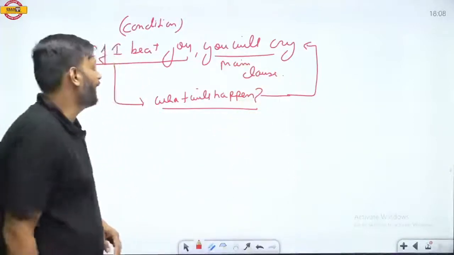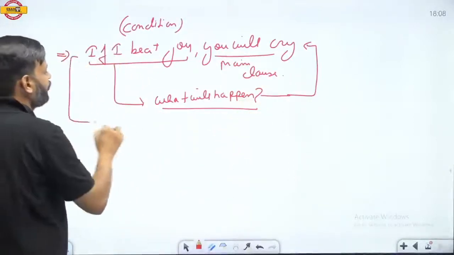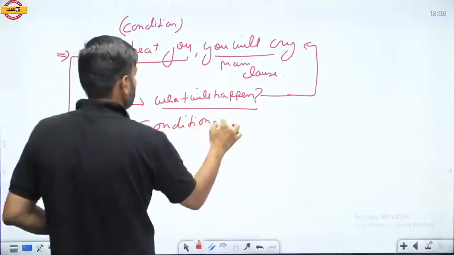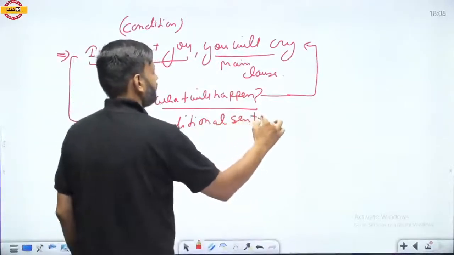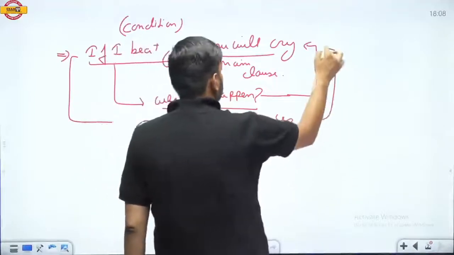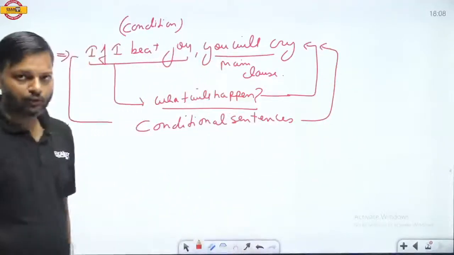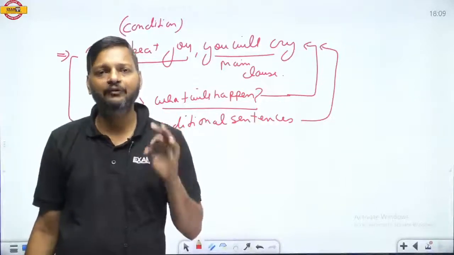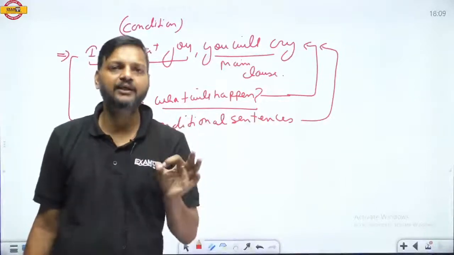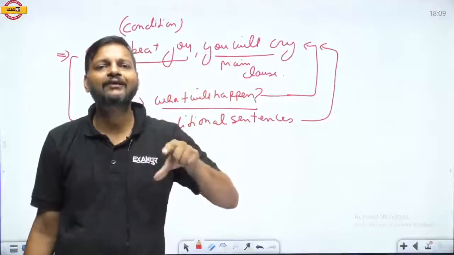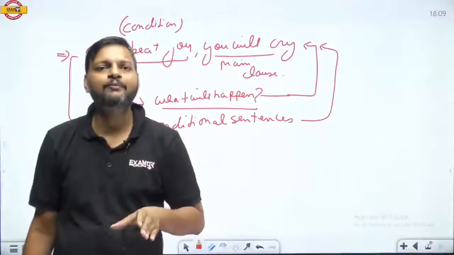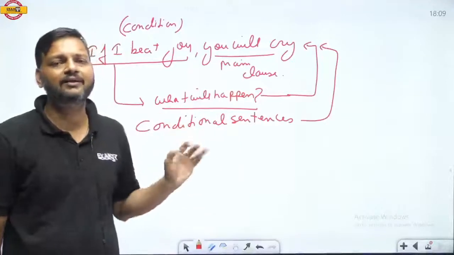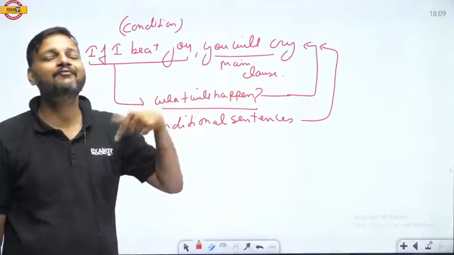Together both the clauses are called conditional sentences. A conditional sentence has two clauses. One, the if clause, where we mention a condition, and on fulfilling that condition, the result that comes out is the main clause. In this sentence the if clause is if I beat you.